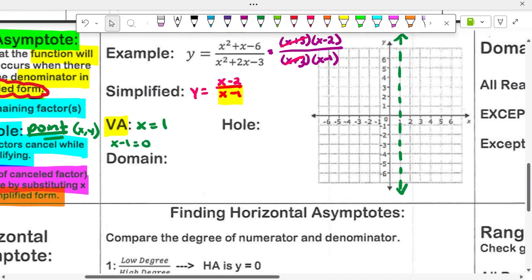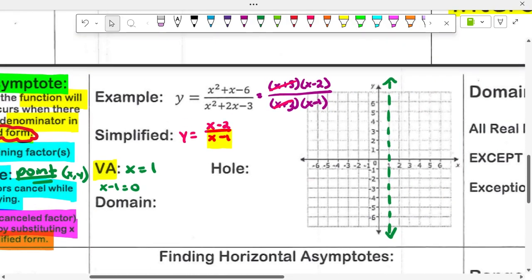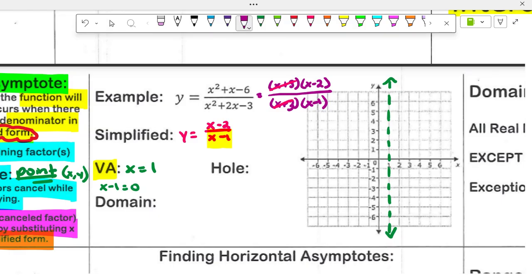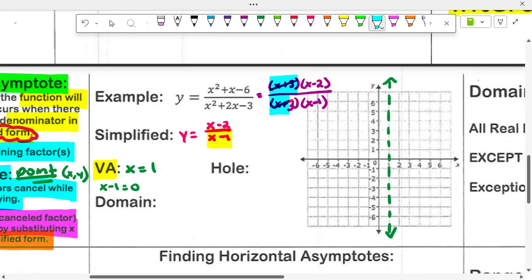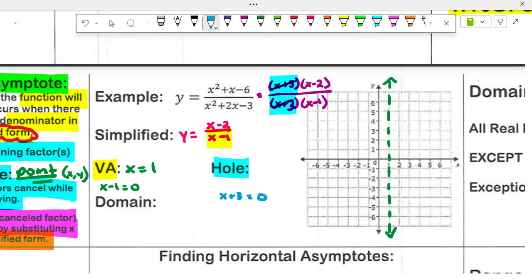So let's try it. So if I go back over here, what was the root that I canceled out? X plus 3. So we canceled out the x plus 3. So that's what my hole is coming from. So if I do x plus 3 is equal to 0, what's the x value of my hole at? X equals what?